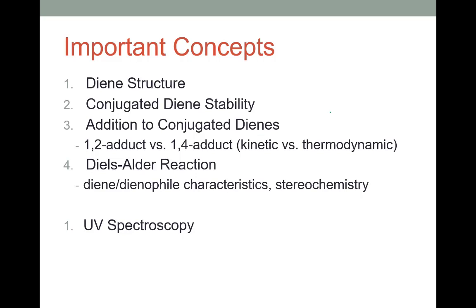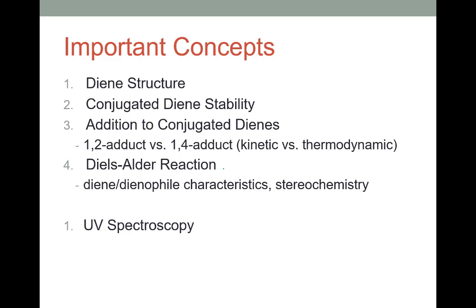Pay attention to the temperatures when you're looking at problems. If it talks about something being added with heat or added at a low temperature, you'll be favoring one or the other of those two mechanisms. You should be able to draw out the mechanism and the intermediate and explain why the 1,4 product is even possible. And then finally, the Diels-Alder reaction.